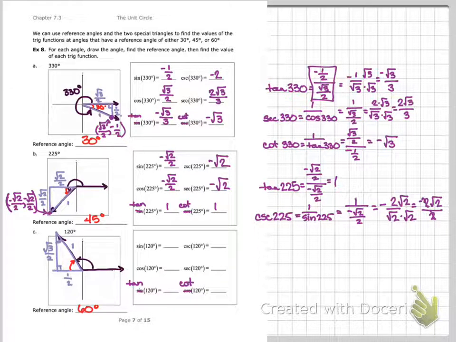Notice that we are in that second quadrant, so this point right here, my x is going in the negative direction, negative 1/2. My y is going in the positive direction. And I am just labeling that point for reference. Okay.